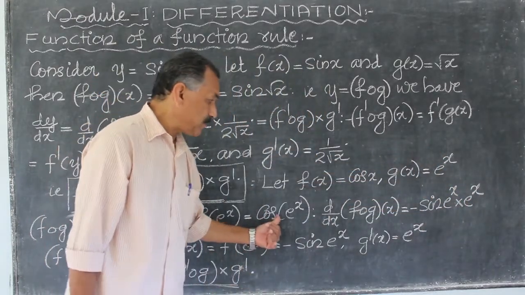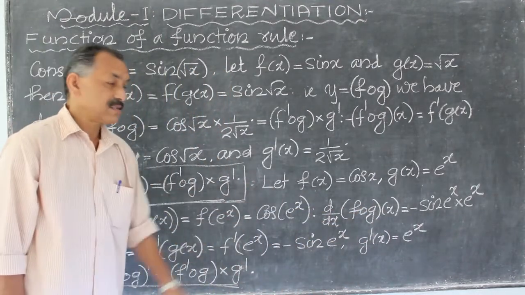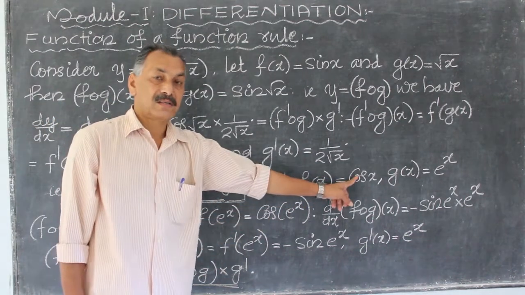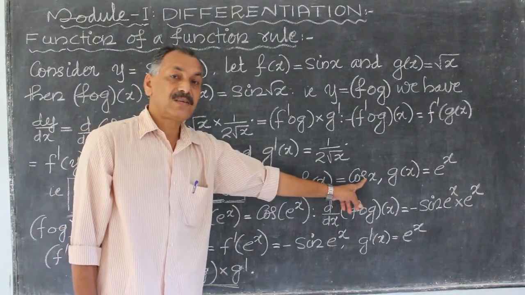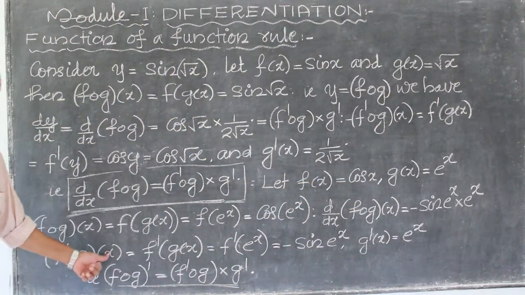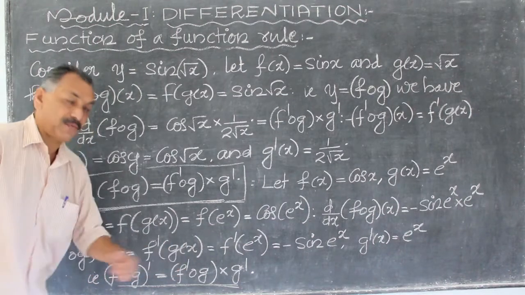Then the derivative of this one is the derivative of f dot g. What is f dash? f of x is equal to cos x, so f dash of x is minus sin x. Then what is f dash dot g of x? f dash dot g of x is equal to f dash of g of x.